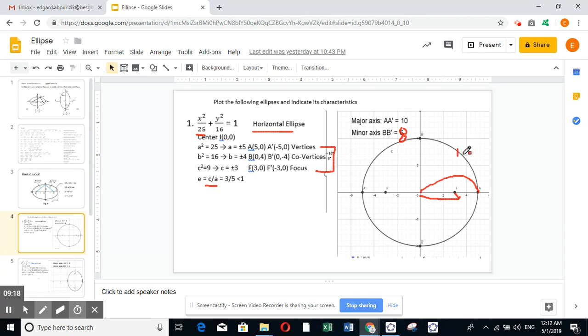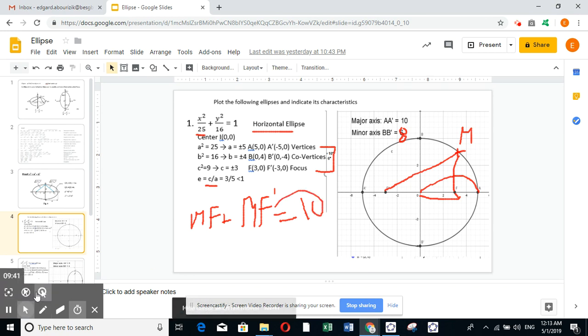And if you pick a point here, M, no matter where M is on the periphery, MF1 plus MF2 is always equal to 2a, and since a here is 5, it will be 10.